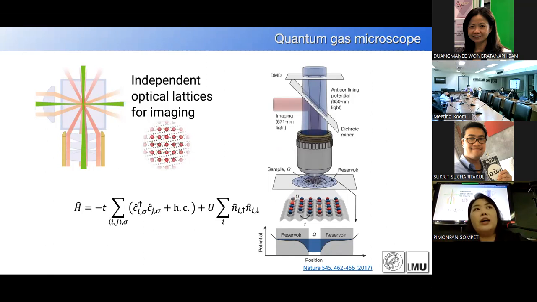The camera that we use to take an image of atoms is the EMCCD camera. So it is electron multiplier charge. It's actually a camera that they made for looking at stars, taking photons from the star.